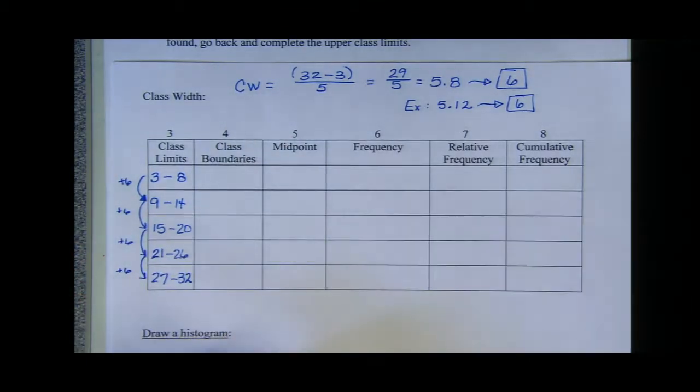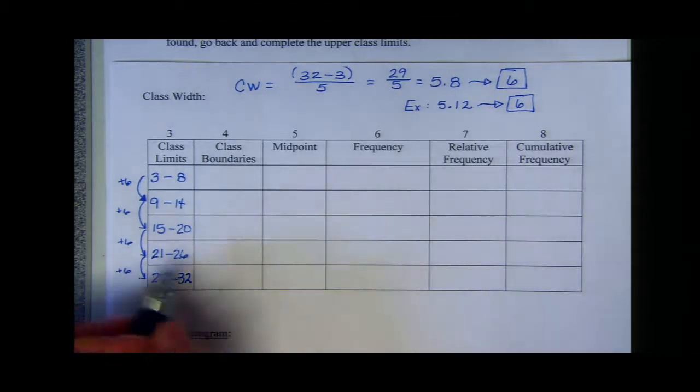Now one thing I want to mention here, in our particular example, this last upper class limit is our largest data value. That will not always be the case. It does not have to be this last one. If our largest number was 31, but this number when I added 6 was a 32, you just leave this a 32.